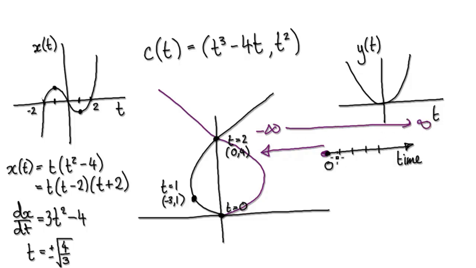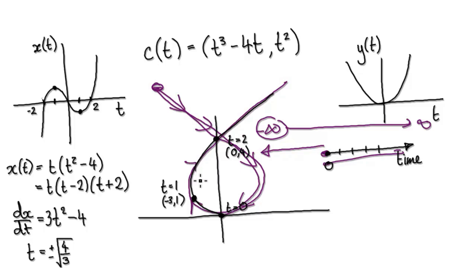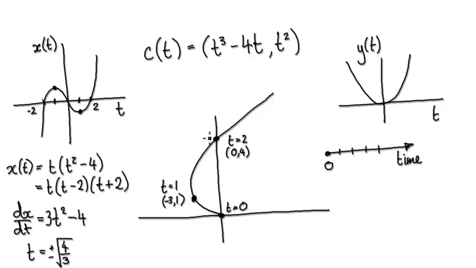Earlier we did it from 0 to infinity, and it gave us this. Starting from negative infinity would be you being here, and then the path of the particle will be like this. So when you come to draw your arrows, do it like this. Overall, your curve will look something like this.